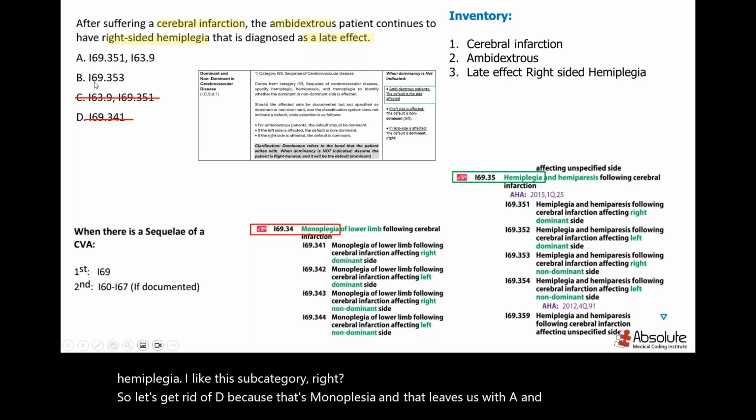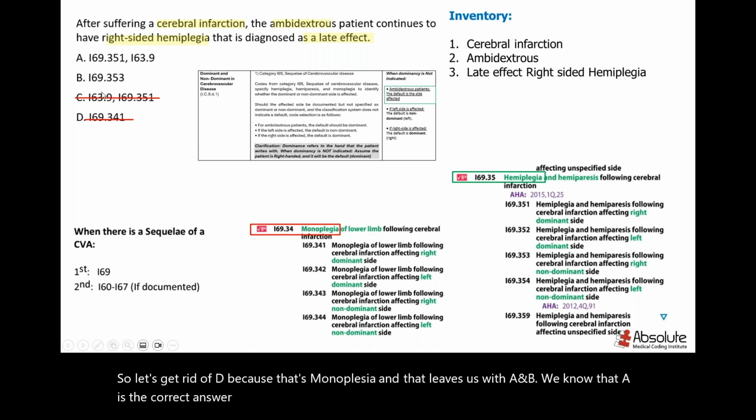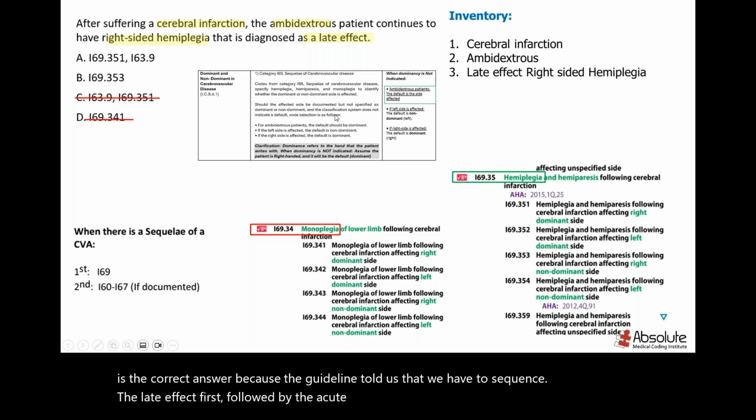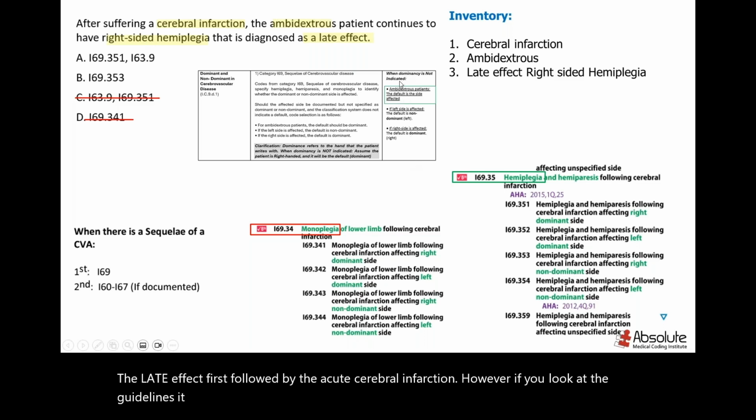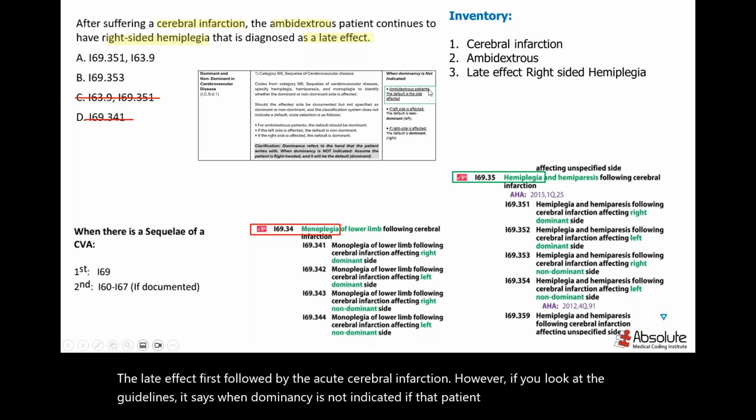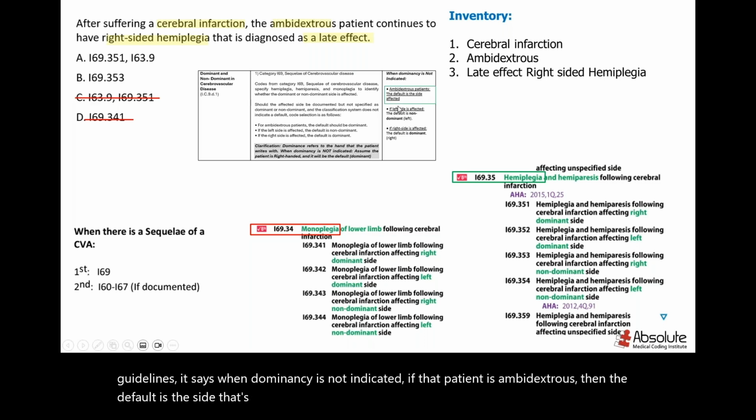We know that A is the correct answer because the guideline told us that we have to sequence the late effect first, followed by the acute cerebral infarction. However, if you look at the guidelines, it says when dominancy is not indicated, if that patient is ambidextrous, then the default is the side that's affected.